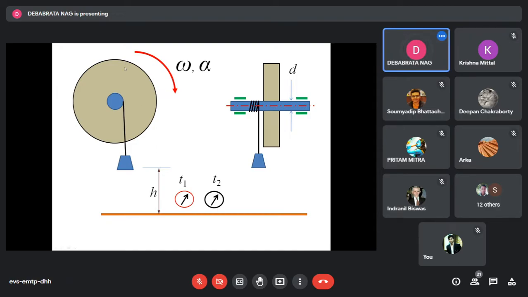Okay, আচ্ছা, তাহলে যে মোমেন্টে আমি এই ফলিং ওয়েট will come and touch the floor, সেই মোমেন্টে I will put off one stopwatch, thereby it records the time, say t1.